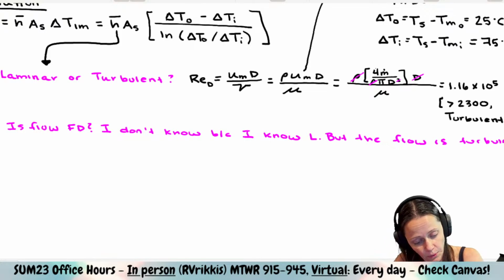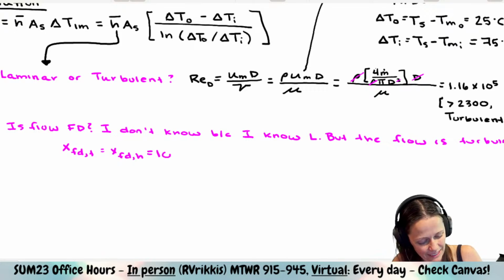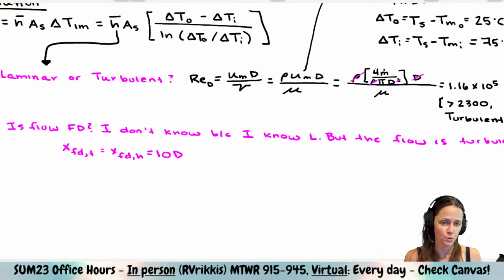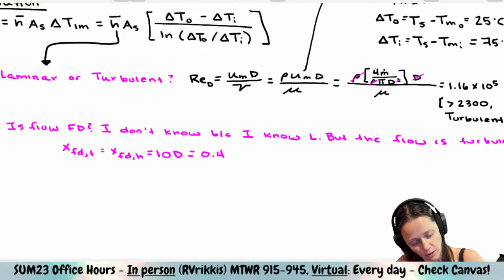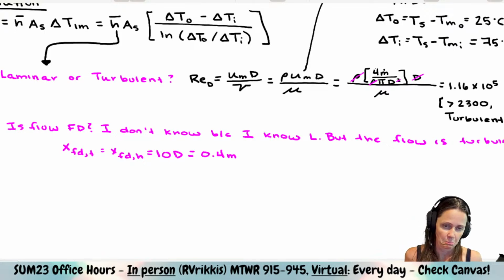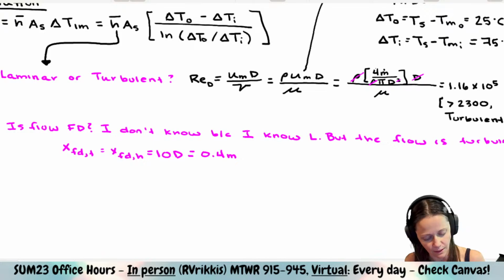So I know that, thermally and hydrodynamically, it's going to develop at 10 diameters. Since our diameter is 40 millimeters, you'd be looking at 400 millimeters, 0.4 meters. So, as long as that length is longer than that, we'll be okay.